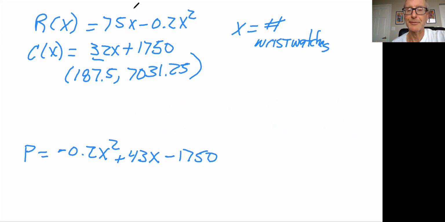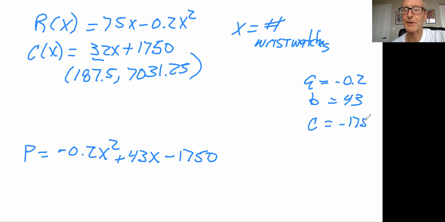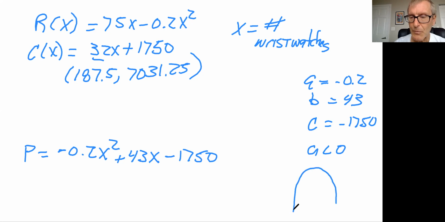Again, same strategy, right? We have an a value minus 0.2, b value of 43. And the c value now is the fixed cost of minus 1750. So again, it's pointing down. a is less than 0. The parabola would look like that, and the vertex again is our maximum. So what is the x value of our vertex? So the x value of the vertex is minus b over 2a.